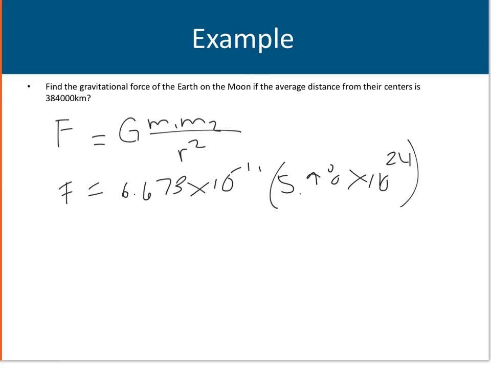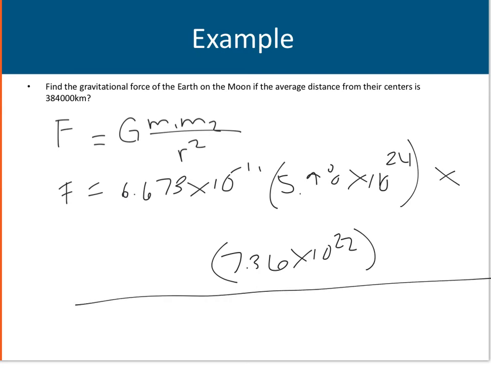And then times the mass of the Moon, which is 7.36 times 10 to the 22. And then you would divide that whole thing by the radius squared, which would just be their average distance squared. So I want that in meters. Remember that the G is in meters, and so I'm going to have to make this 384,000,000 meters squared. And so if you do that math and you plug in, you should get your answer.